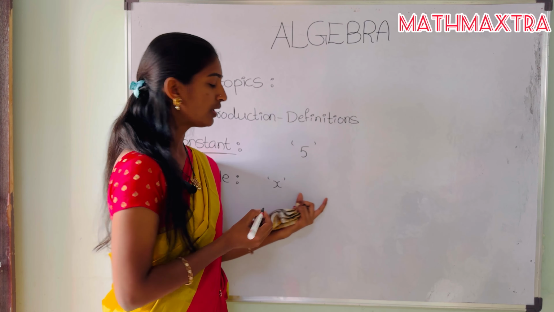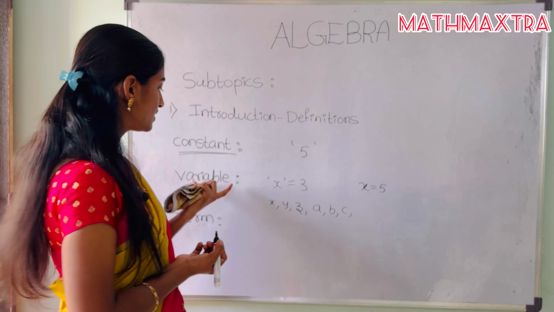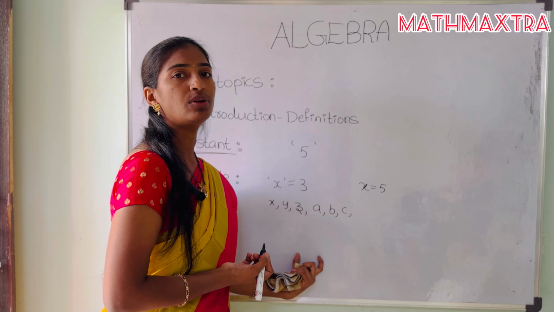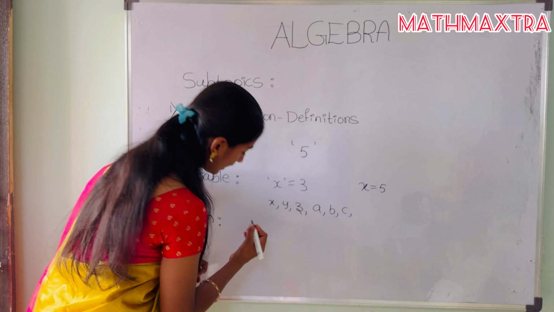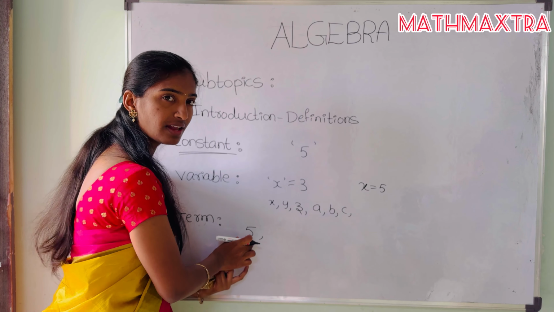In algebra, we always use the word term. So what do you mean by a term? As we have discussed what a constant is and what a variable is, a term is nothing but either a constant or a variable or a product of constant and variable. See, I have considered 5 as a constant. Yes, this itself is called a term. Or it can be a variable.